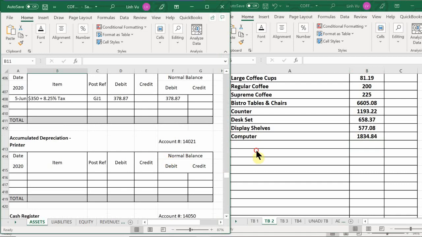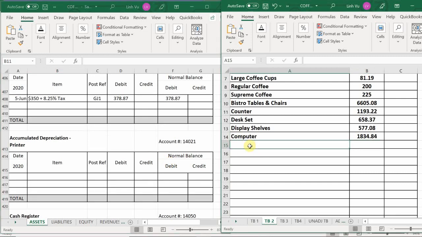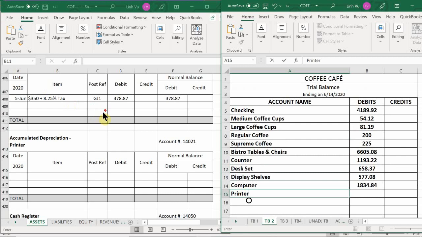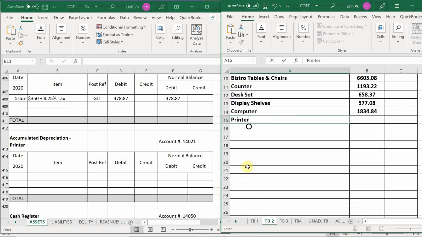We have it there. The printer. Yes, add the printer. The printer for 378.87. Okay.